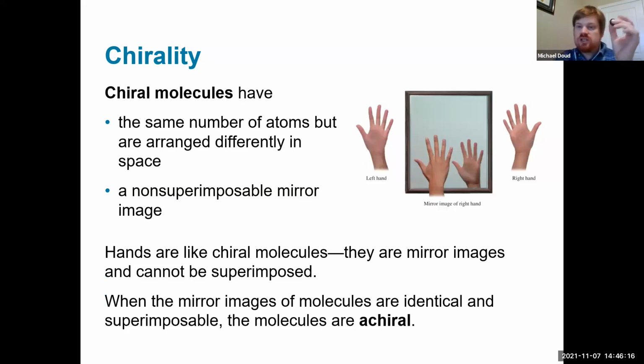Think about it this way: if I take 2 carbon atoms that are not bonded to anything, these are directly superimposable. I can put one directly over the other and it perfectly matches. With my hands, I can't do that. If I try to put them directly one over the other, they never match up. They only become mirror images of one another.